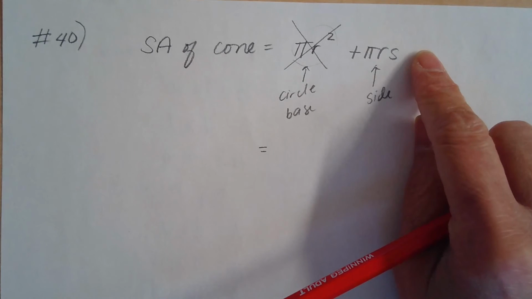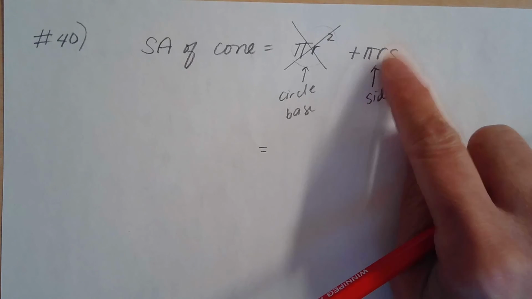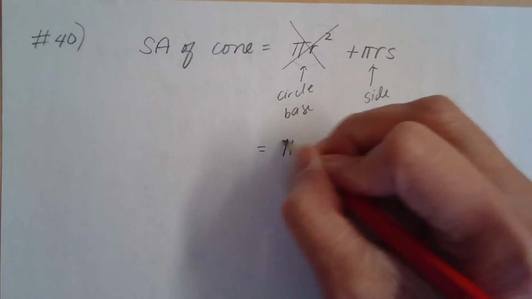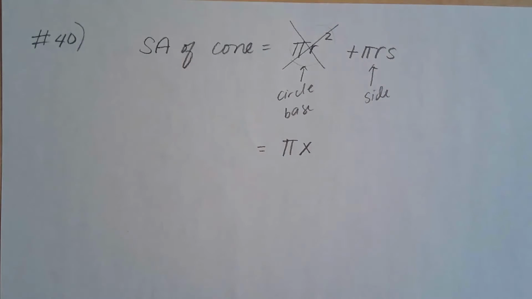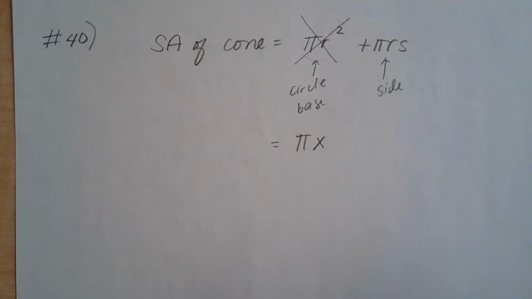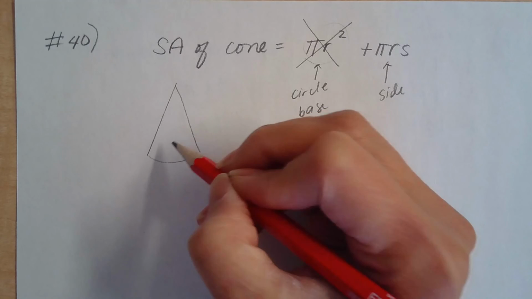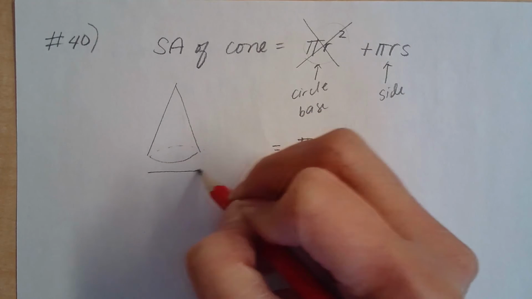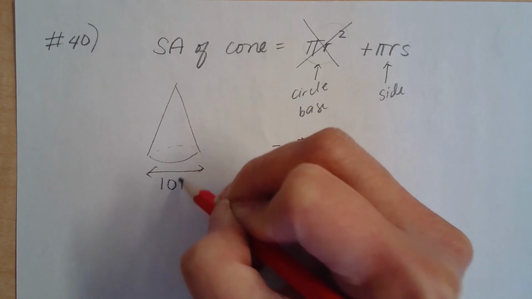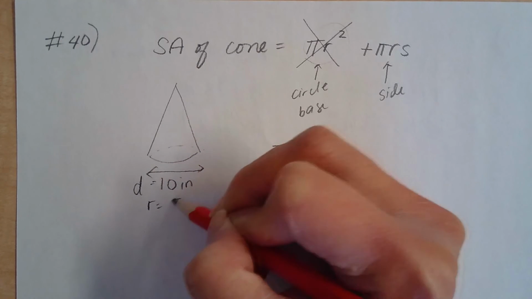So the next thing that we're gonna do is just pi times r times s. Pi times radius. Okay, going back in here. What is the radius of the cone? 5, yeah. Right? Because the diameter is 10 inches. So radius is 5.